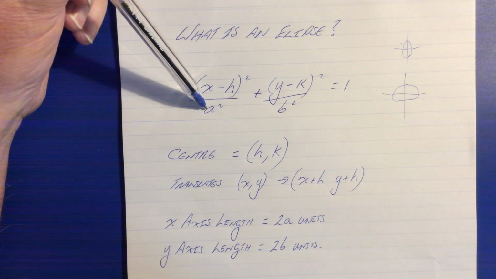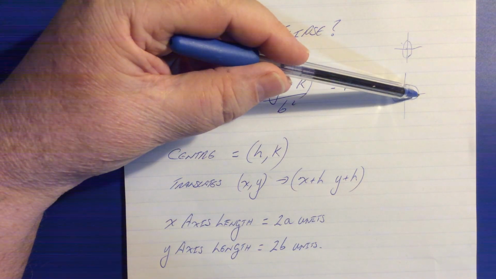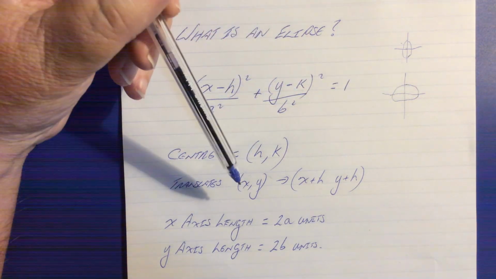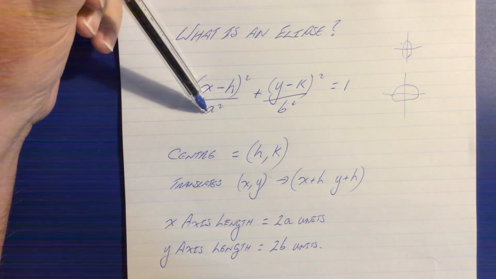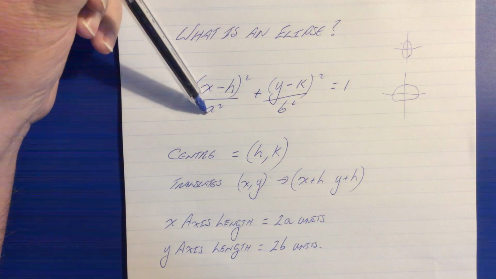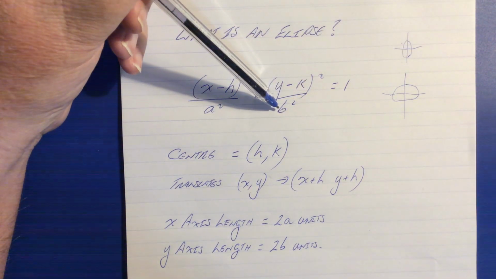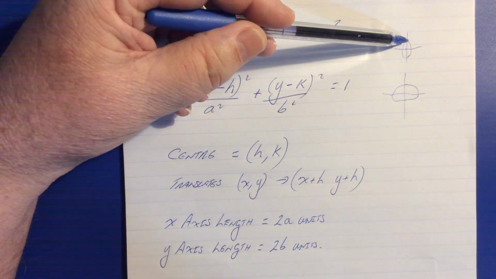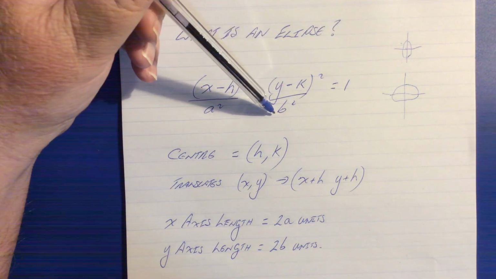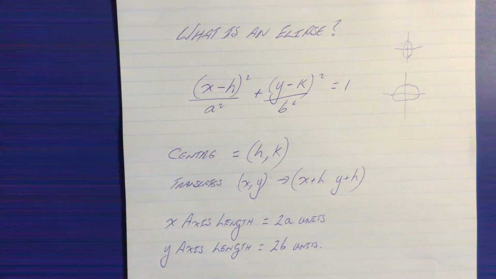So if this number were 9, the length of this from here to here would be 2 times 3. 2 times a, not a squared, 2 times 3. And up here, if this were, say, 25, the axis length from here to here would be 2 times 5, 10. Okay, so I hope that that's a decent enough grounding.